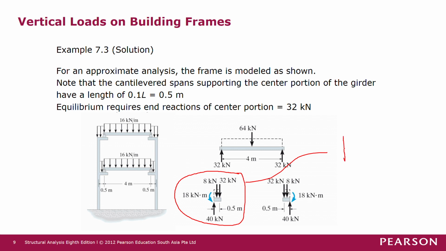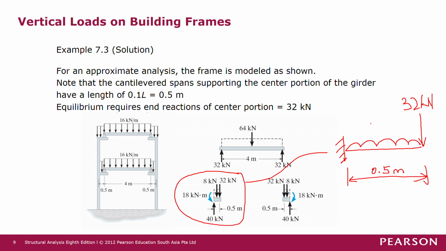Okay, so we have a cantilever like this. So this is 0.5 meters, and we have a 32 kilonewton point load here, and then we have a UDL of 16 kilonewton per meter length there.